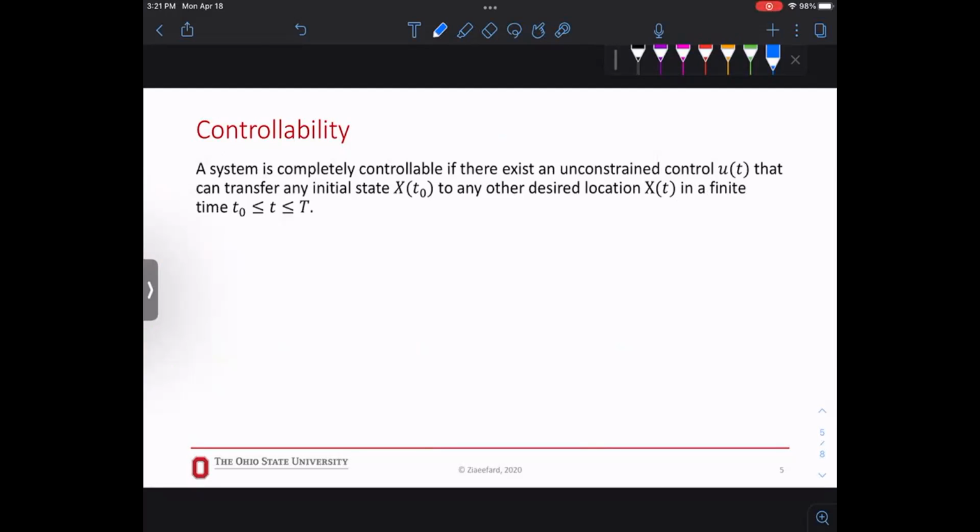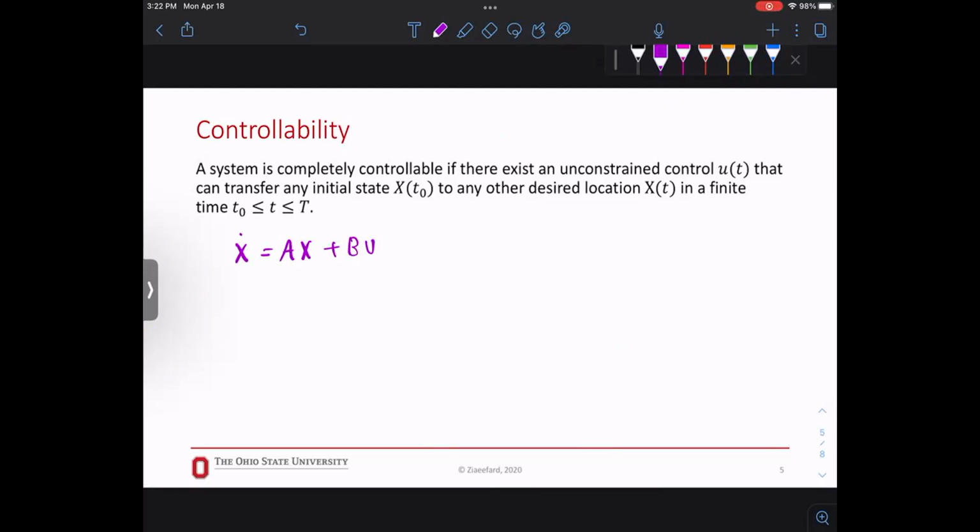Now, to make our life easy, we're going to write some definitions based on the ABCD matrices, because that's all we know about our system, and then we can check those. If your system is x dot equals Ax plus Bu, for controllability you're going to look at the state equation. Is everybody listening? This is important.